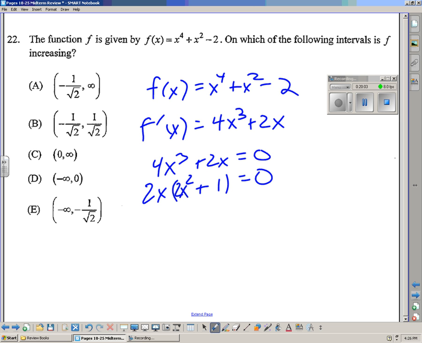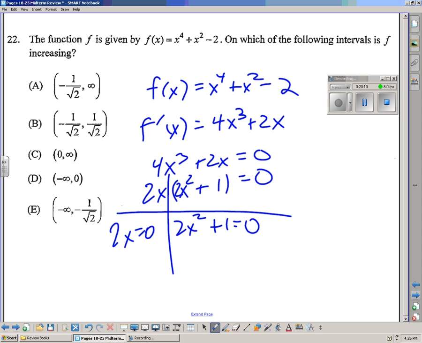So we would get 2x is 0, or 2x squared plus 1 equals 0. Obviously here x is 0. And then 2x squared is negative 1, x squared being negative 1/2. But x squared can't be negative, so this has no solutions. And so we have x equals 0 being the only critical value.